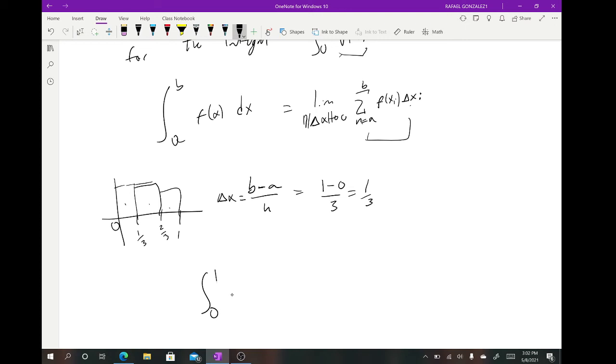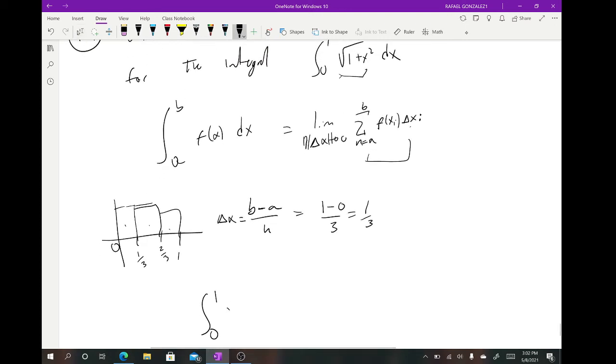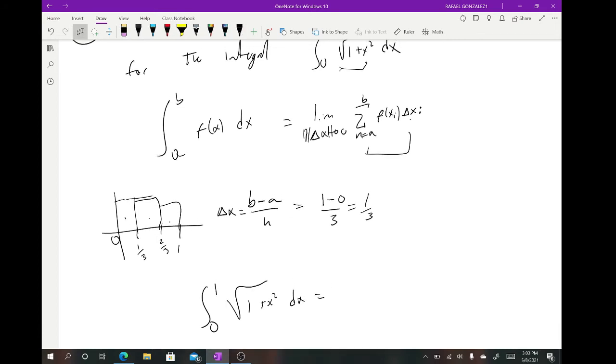So if somebody asked me to write the 3-term Riemann sum of this, then I would say that it is equal to the sum from i equals 1 to 3 of f of xi times delta x, which is 1/3, and the xi's are actually the midpoints here.